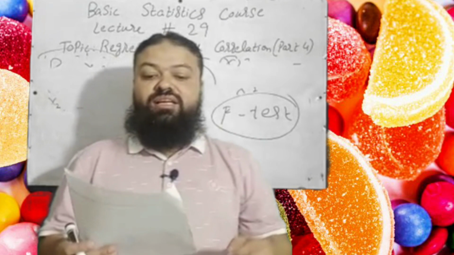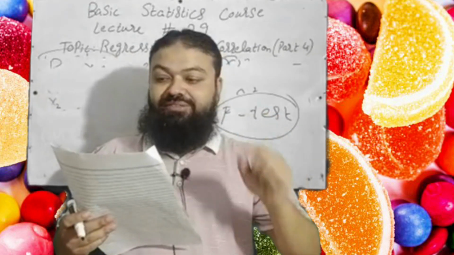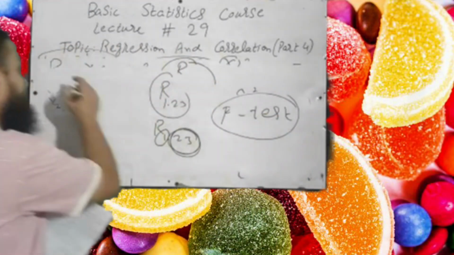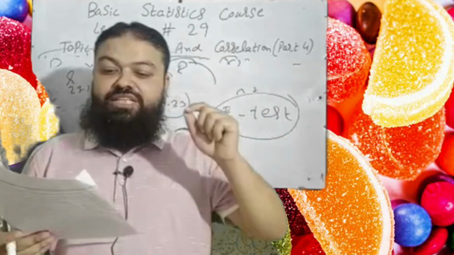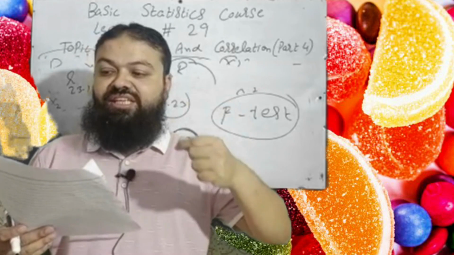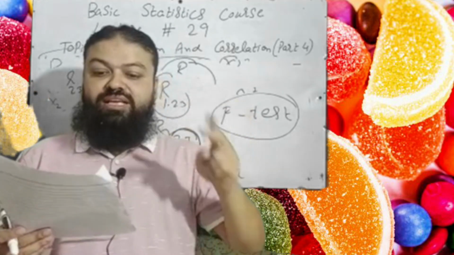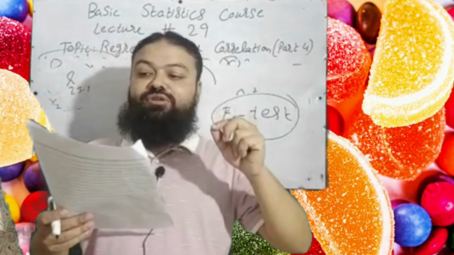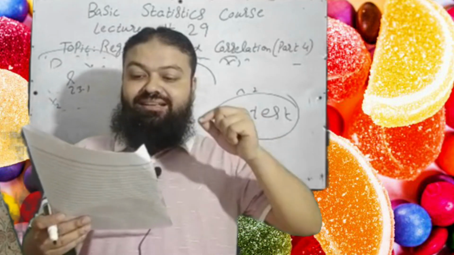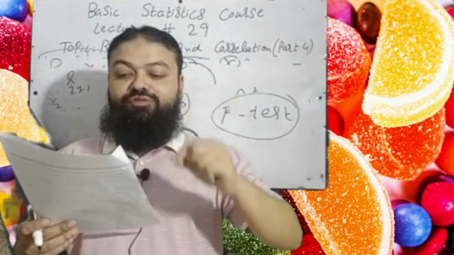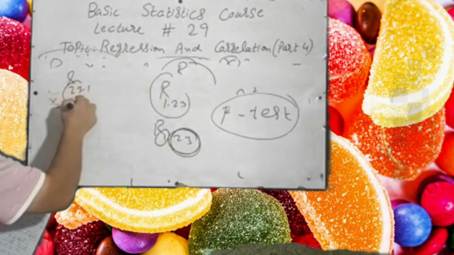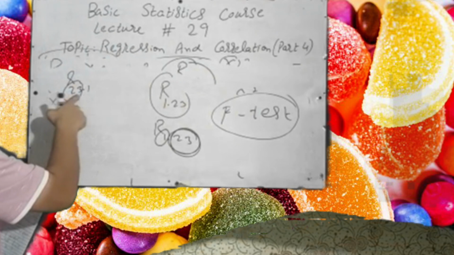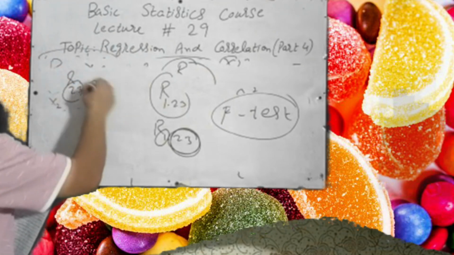Question number 12. The partial correlation coefficient R23.1 measures A, the joint effect of x2, x3 on x1, incorrect. B, the joint effect of x2 and x3 studied keeping the effect of x1 as constant. That is the concept. We are studying these two, x2 and x3, when the effect of x1 is constant.